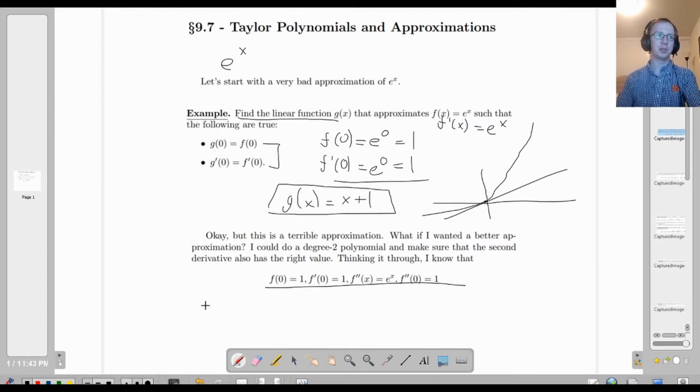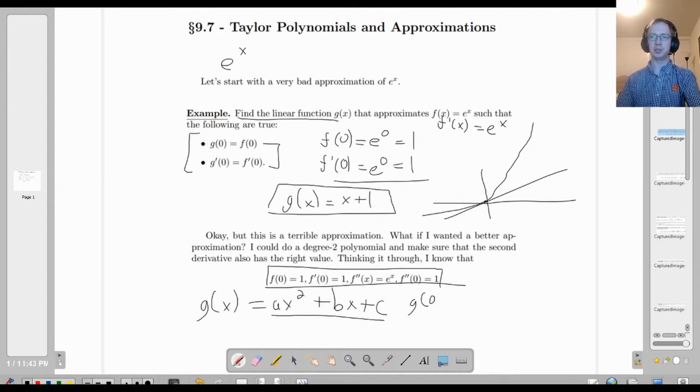We should have something that looks like ax squared plus bx plus c. And just like last time, my goal is to make the value, the derivative, and this time the second derivative all agree with e to the x. We've already found the value, derivative, and second derivative for f. Now let's find all that for this g of x, this quadratic function. So g of 0 would be c.